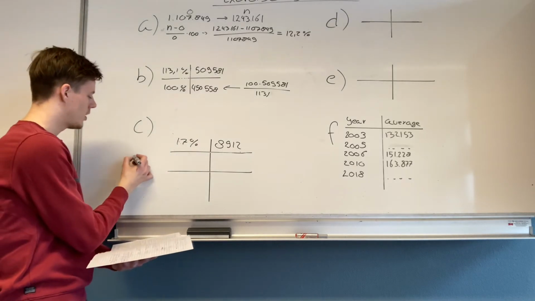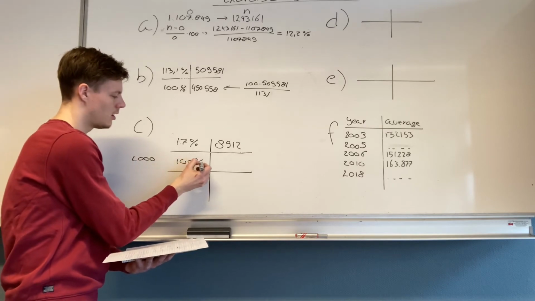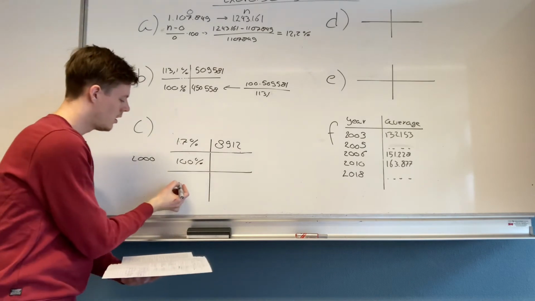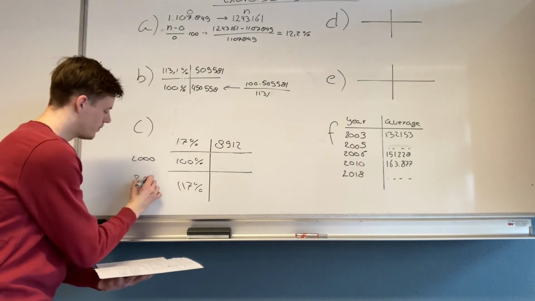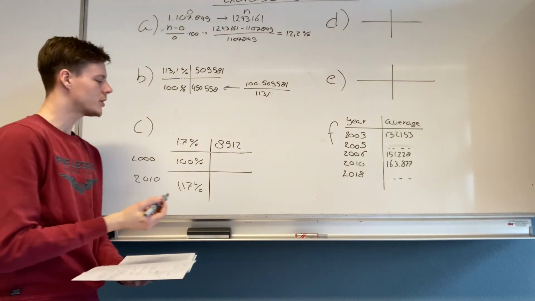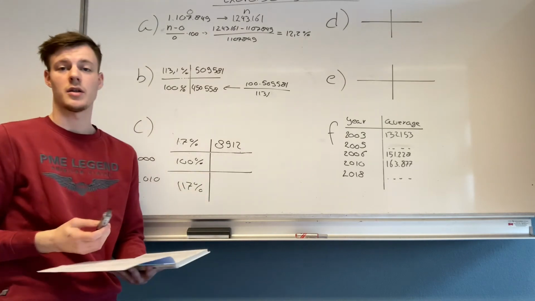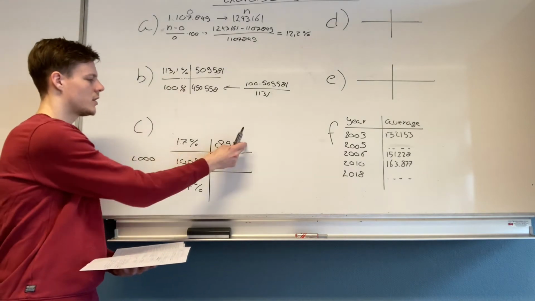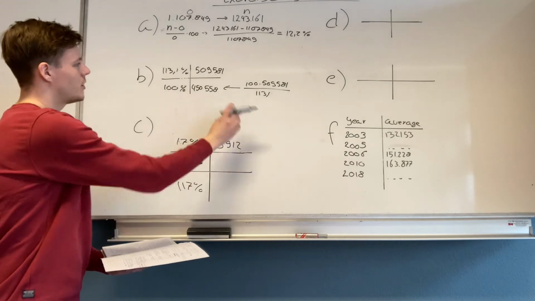So we know that in 2000 there were 100% of the houses, and then there was an increase of 17%, and then we were in 2010. So in this case we first have to calculate the number that represents 100%, because this number is related to 17%. We can use the same method here.